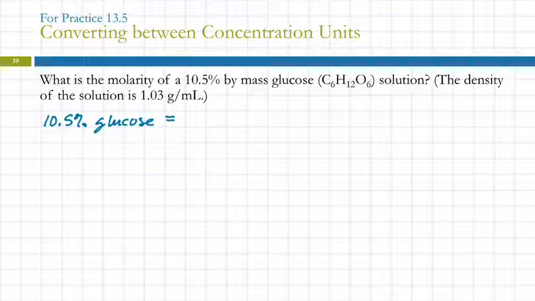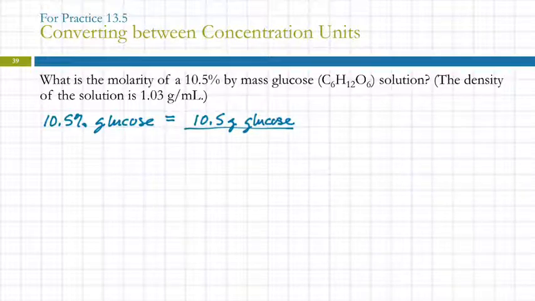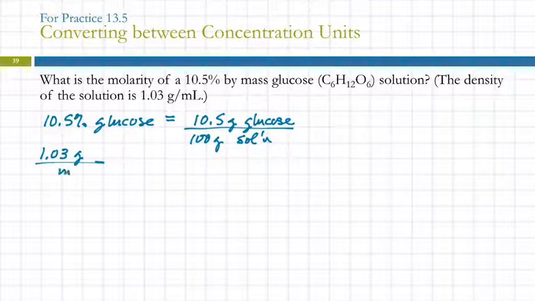So that is 10.5 grams of glucose per 100 grams of solution. And then we have density, 1.03 grams per milliliter. And that's the density of the solution, so it's grams of solution per milliliter of solution.